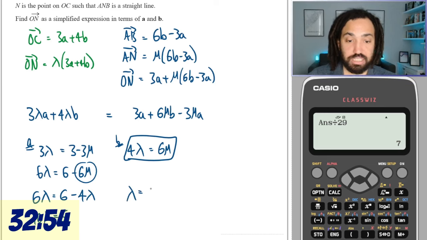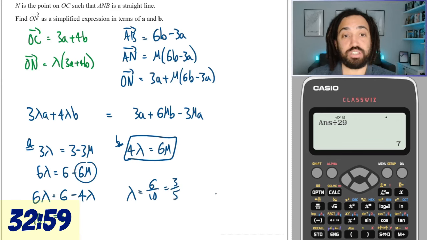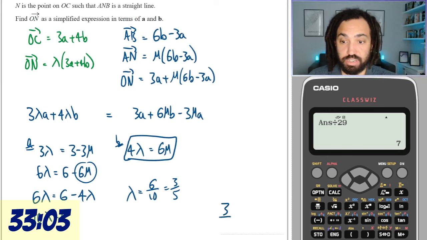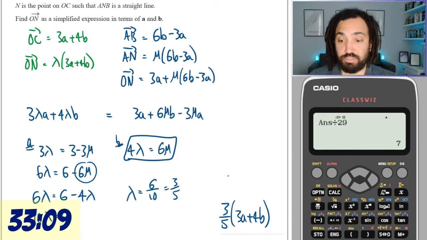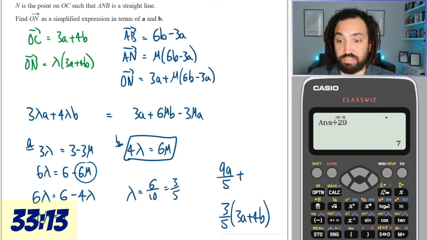So that means lambda is equal to 6 over 10 or 3 over 5. So therefore ON is 3/5 of 3A plus 4B. It says simplified expression, so maybe I need to multiply that out. So 9A over 5 plus 12 over 5 B.